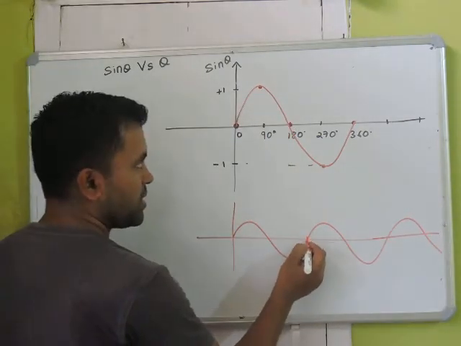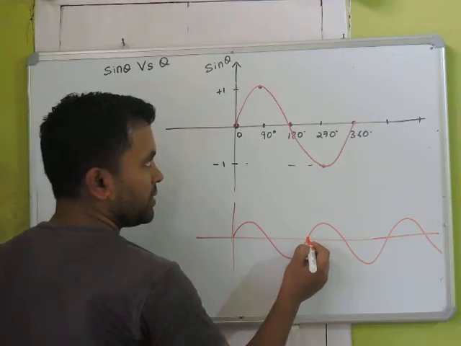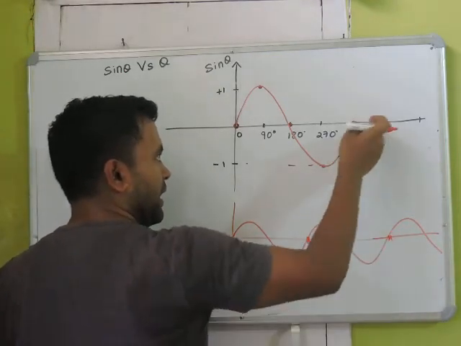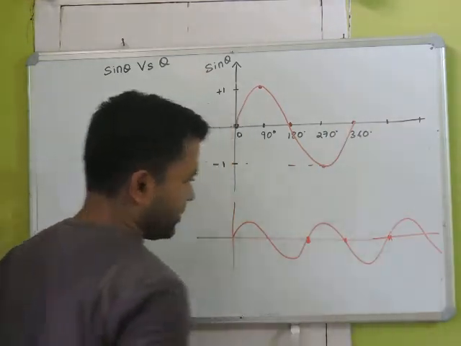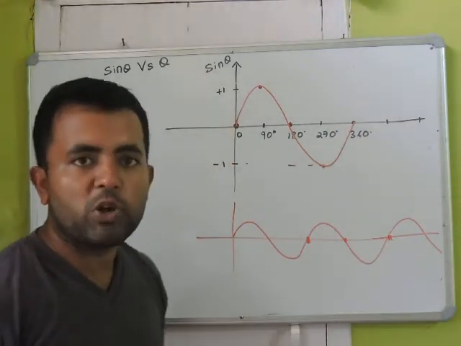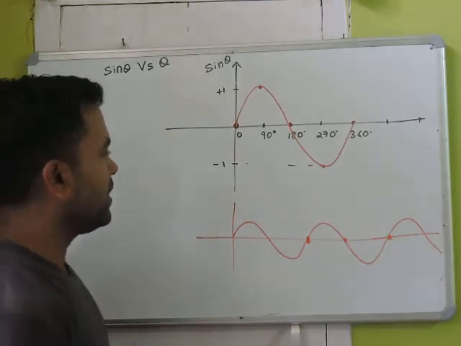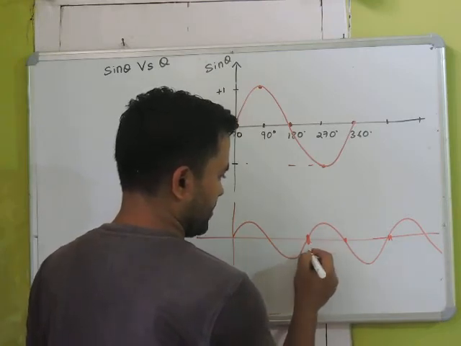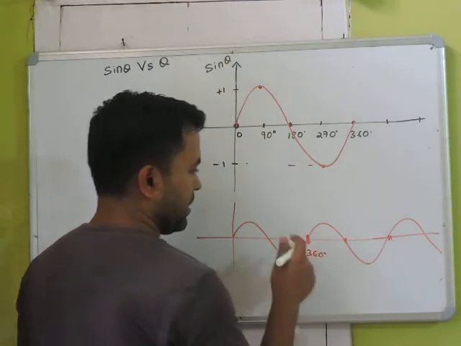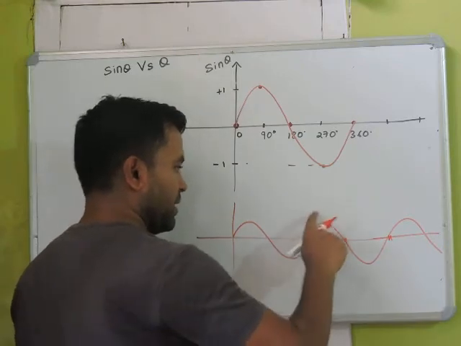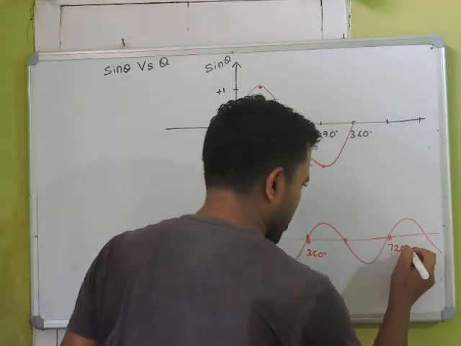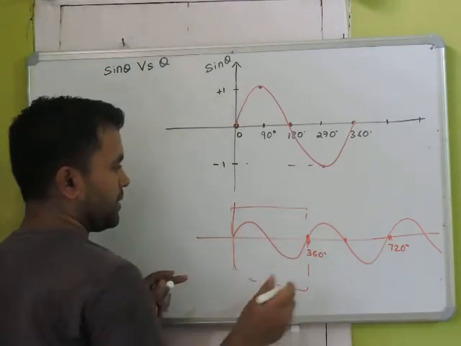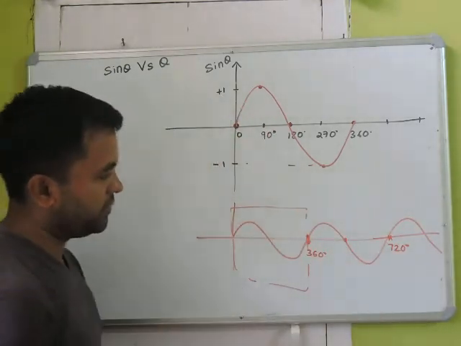We have drawn up to here, which is 360 degree, and it will just keep on going in 90 degree steps, so it repeats itself. This kind of function is called a periodic function. Let me write 360 degree. So 360 degree is one cycle, then this will be 720 degree.